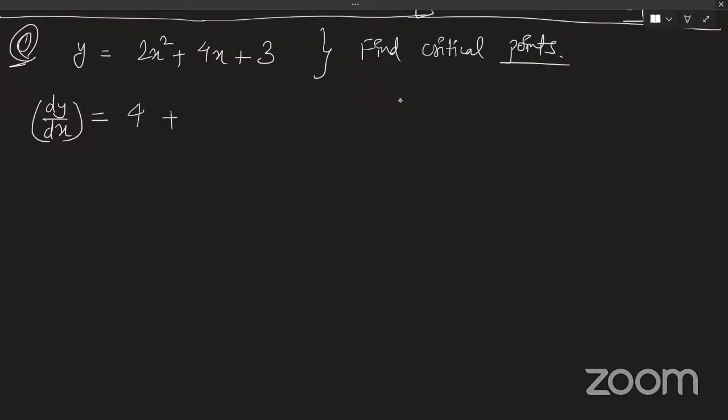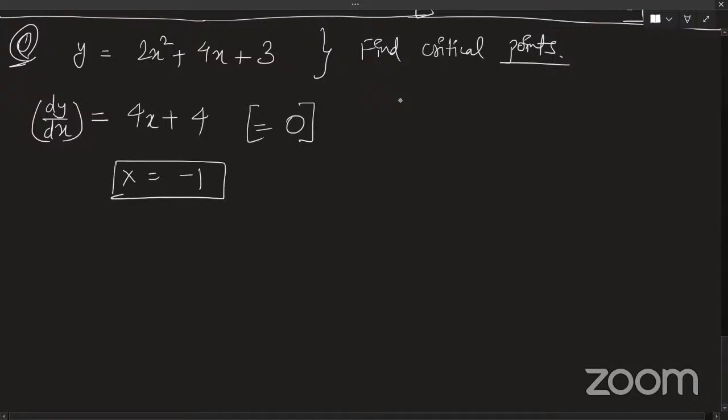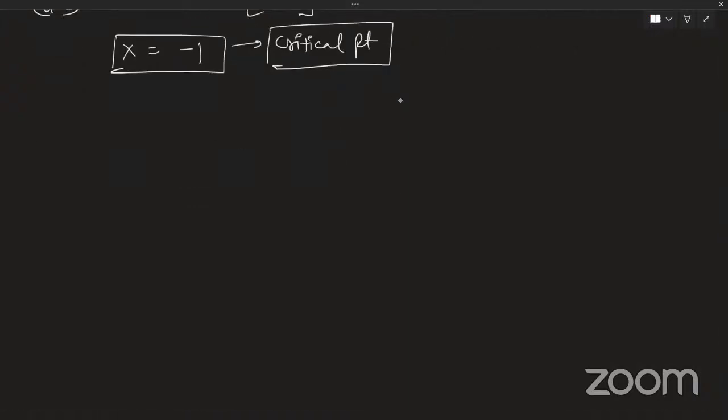It is 4x plus 4. Great. Now equate this to 0, so x is equal to minus 4 by 4, which is minus 1. So x equal to minus 1 is the critical point. There is only one critical point for this function.